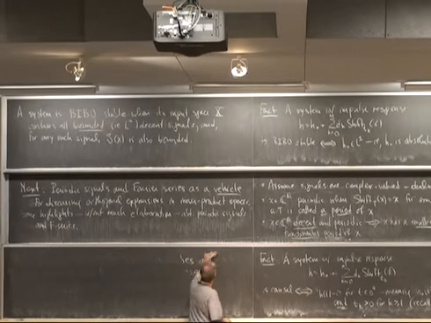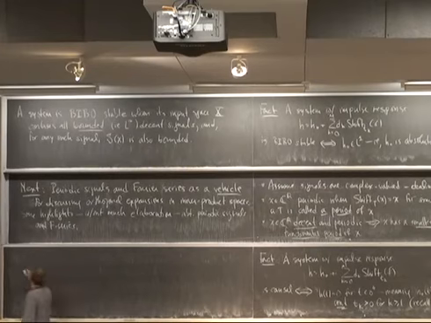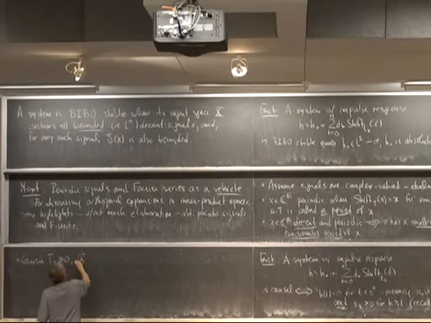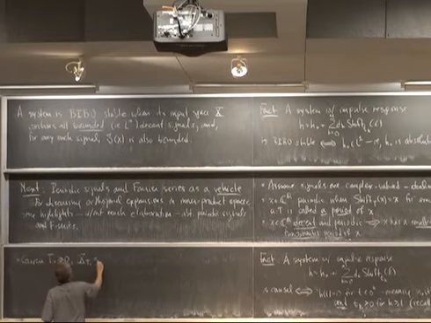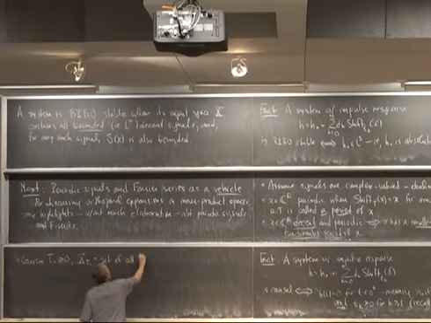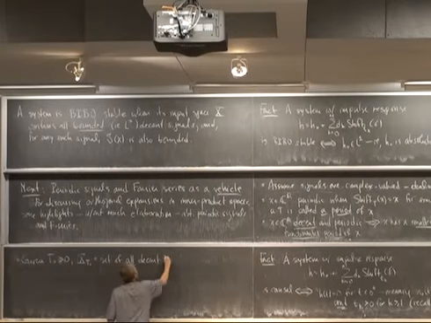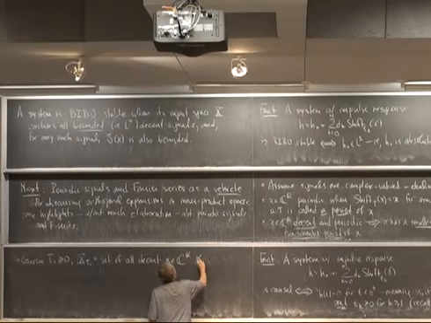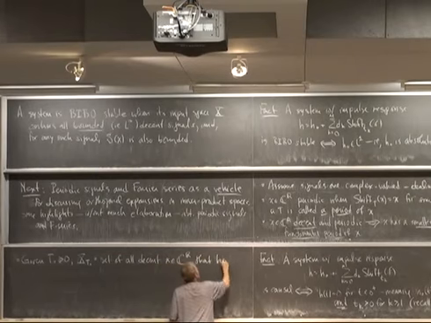Now we're going to use some standard notation. If I'm given some capital T0, it's positive, I'm going to use the notation capital X sub T0 to be the set of all decent signals x, complex valued signals x, that have T0 as a period.